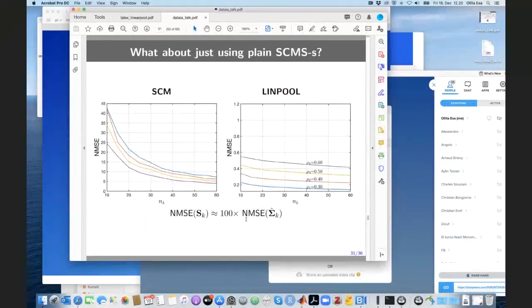Then what if I compare our estimator against the sample covariance matrices? Well, the fact is that the normalized values obtained for the sample covariance matrices are about 100 times the values obtained for the LINPOOL estimator. So there's a huge difference.